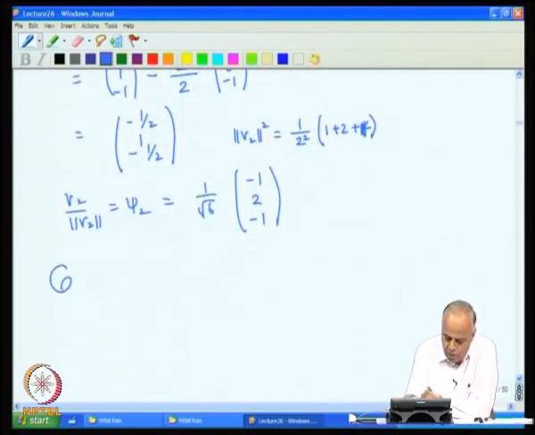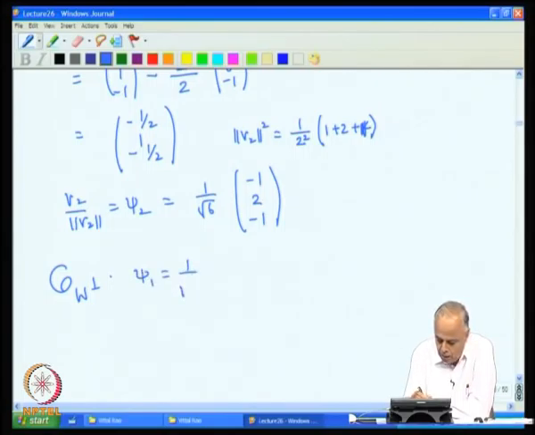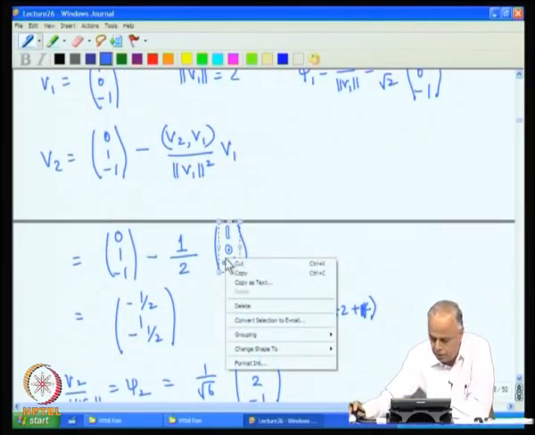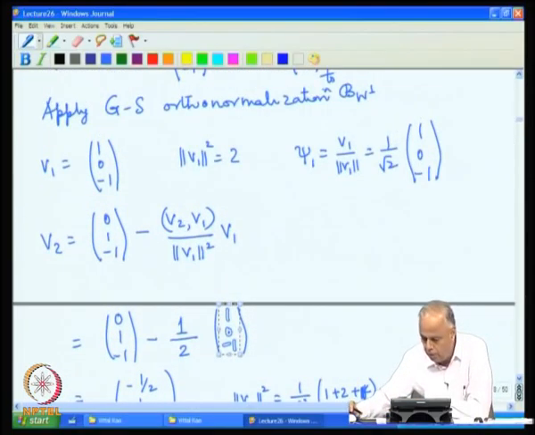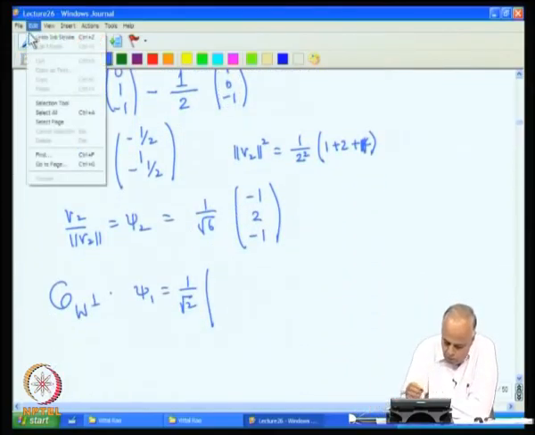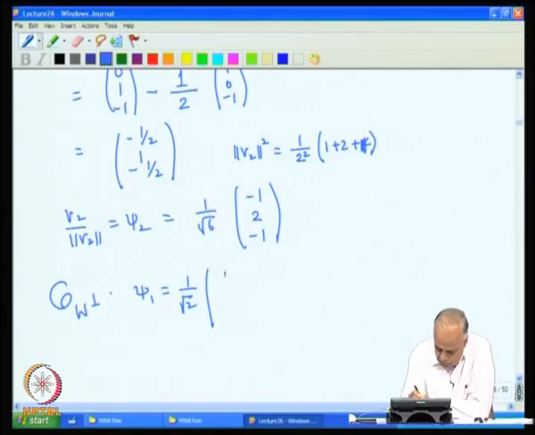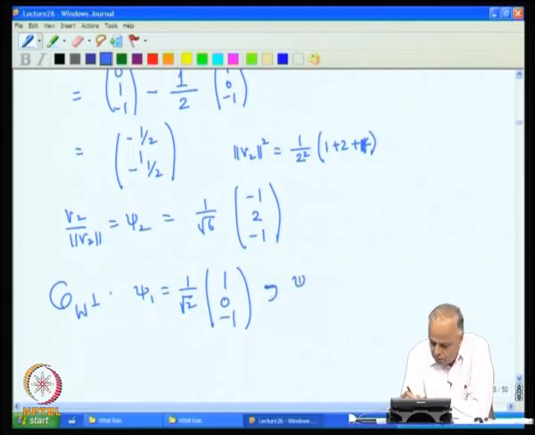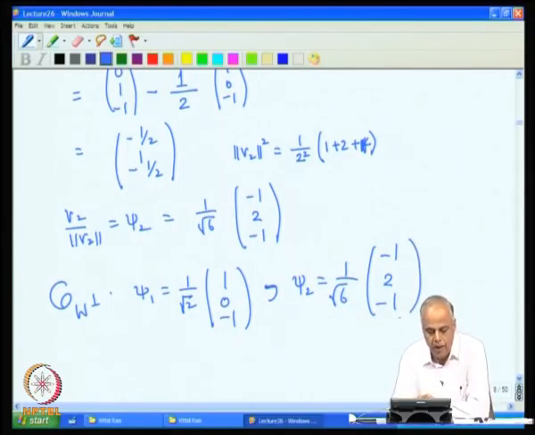So, we get OW perp to be psi 1, which is 1 by root 2 times (1, 0, -1), and then psi 2, which is 1 by root 6 times (-1, 2, -1). Thus, we have the orthonormal basis for W perp.